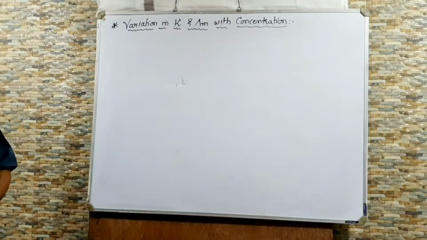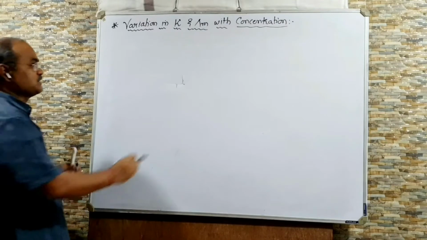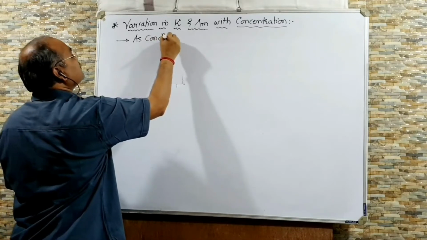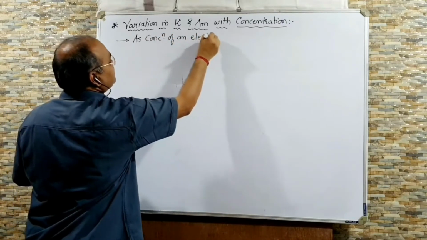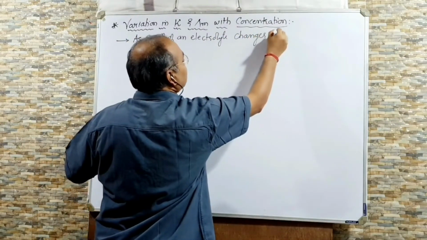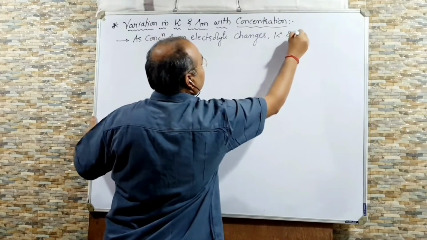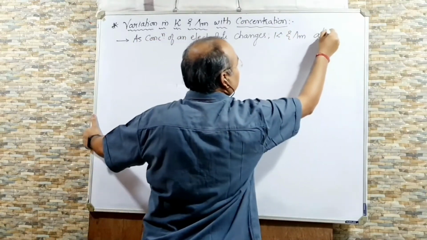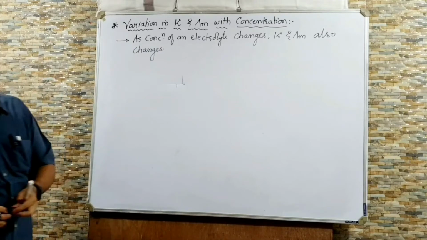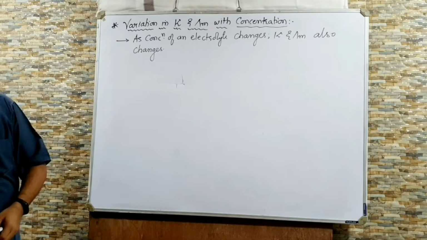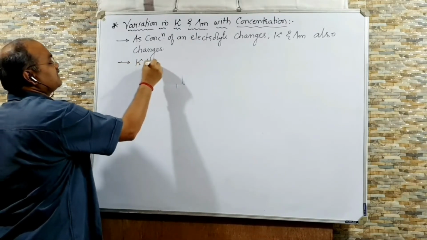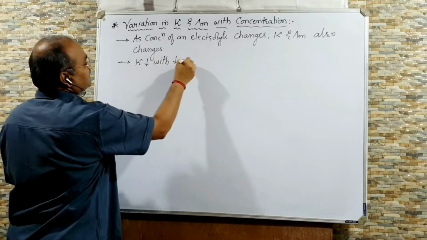Both kappa and lambda m change with concentration of an electrolyte. As the concentration of an electrolyte changes, kappa and lambda m also change. Kappa decreases with decrease in concentration.